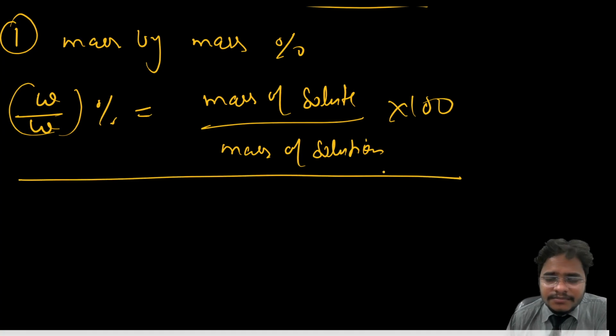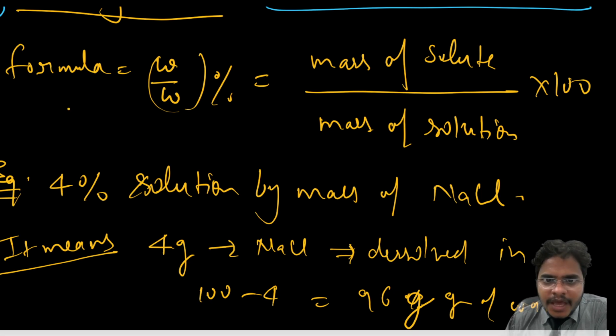The formula is quite easy, but there is another easy way to calculate all the things. Okay, let us see. So we have the formula: W by W means the mass of solute divided by the mass of solution into 100.